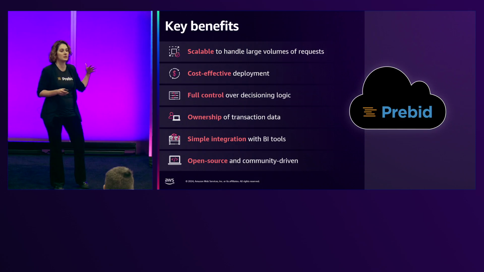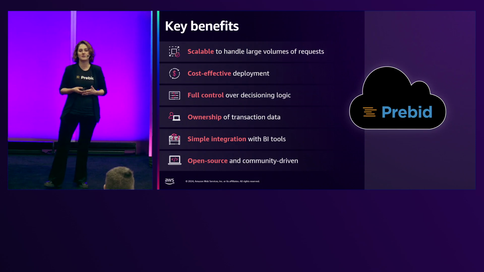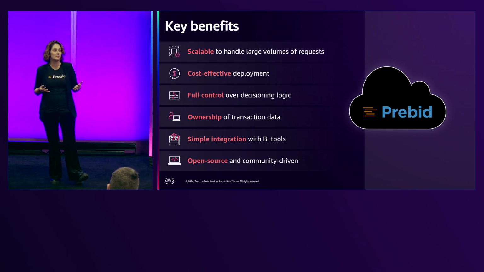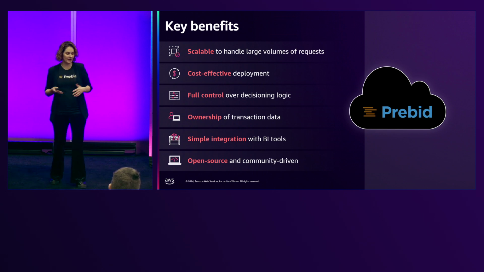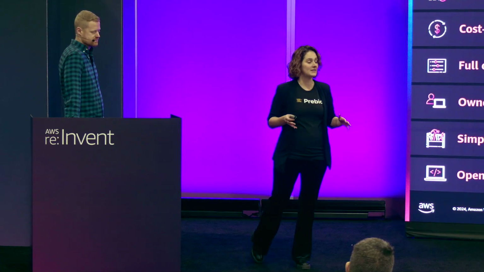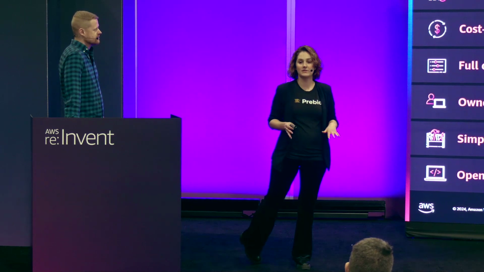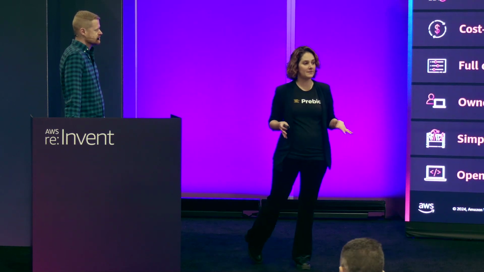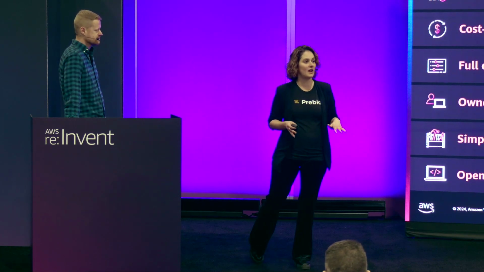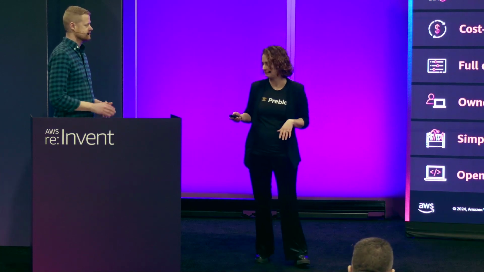Many of those partner solutions can integrate directly with our Prebid Server solution, also with AWS tools like Amazon QuickSight, QuickSight with Q. And like I said, the code base is completely open source and community driven, so you know it's fair, you know the auction is your own, and you have complete control over it.